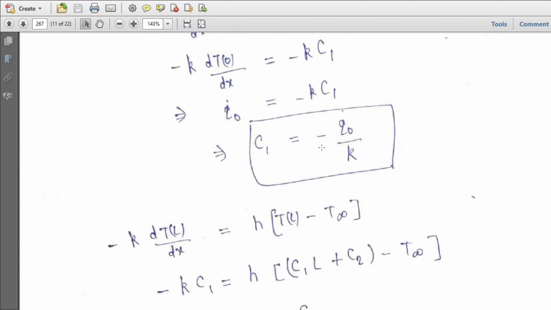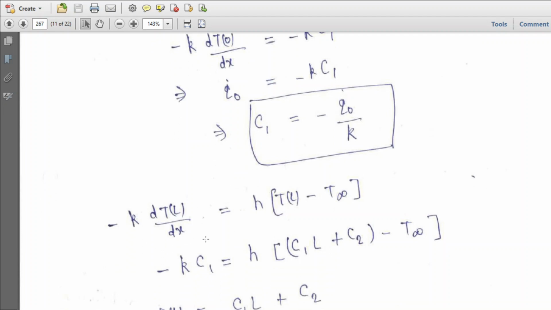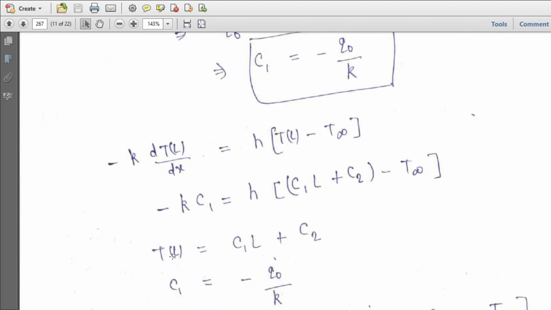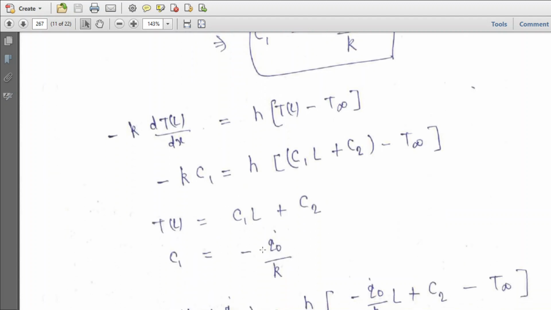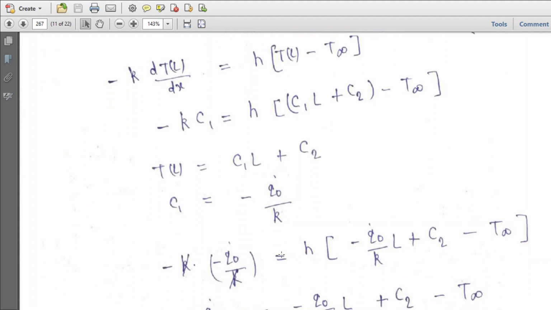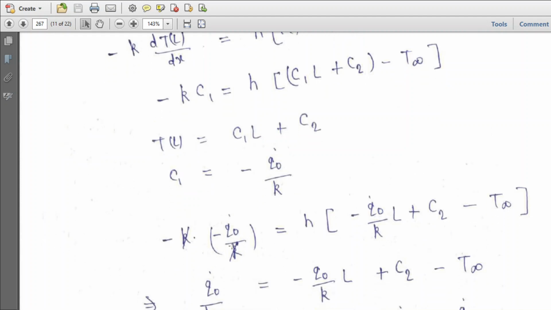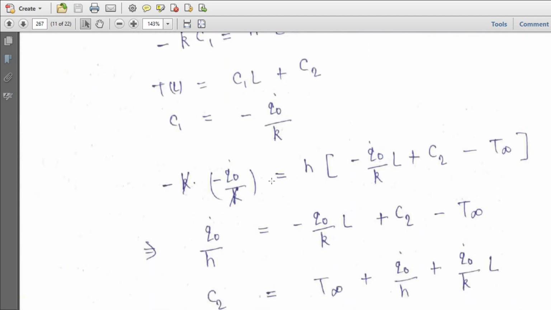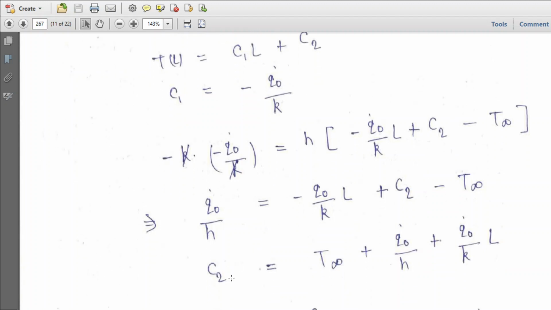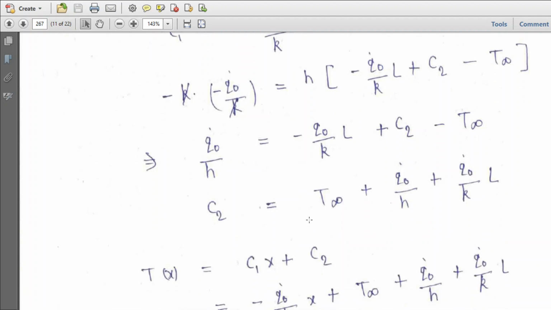Now the second condition: minus k dT upon dx at L equals h times TL minus T infinity. From the temperature expression, TL is C1 L plus C2. So we put the expression of C1 here, and then we will find the expression of C2 is T infinity plus q naught upon h plus q naught L upon k.